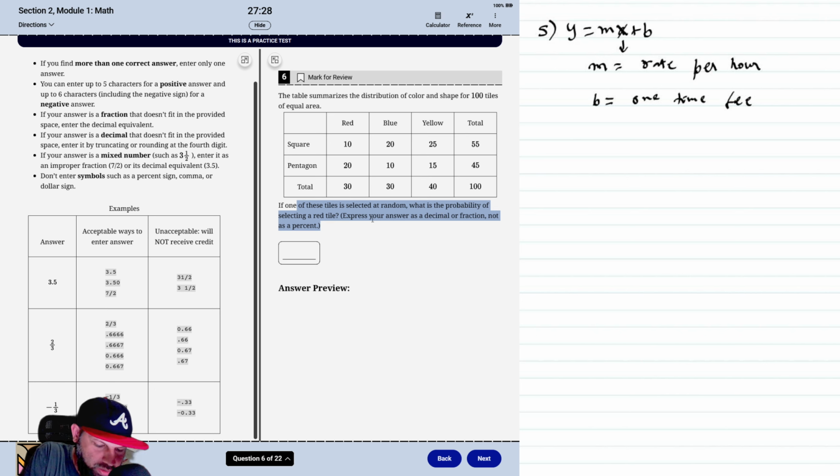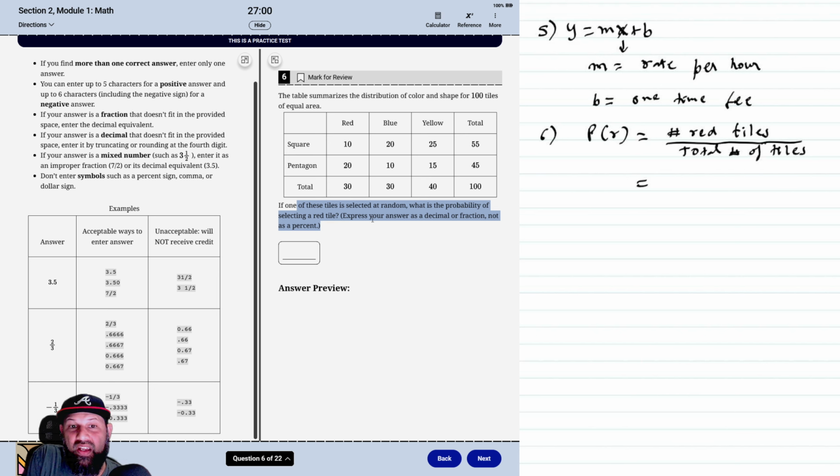Okay, so here the probability of selecting a red tile is going to be the number of red tiles divided by the total number of tiles. The number of red tiles is 30 and the total number of tiles is 100. So the probability is going to be 0.3 or 0.30.